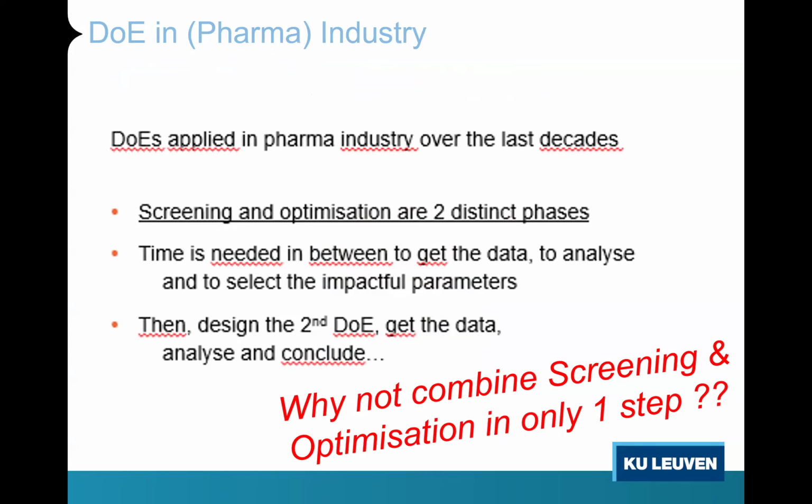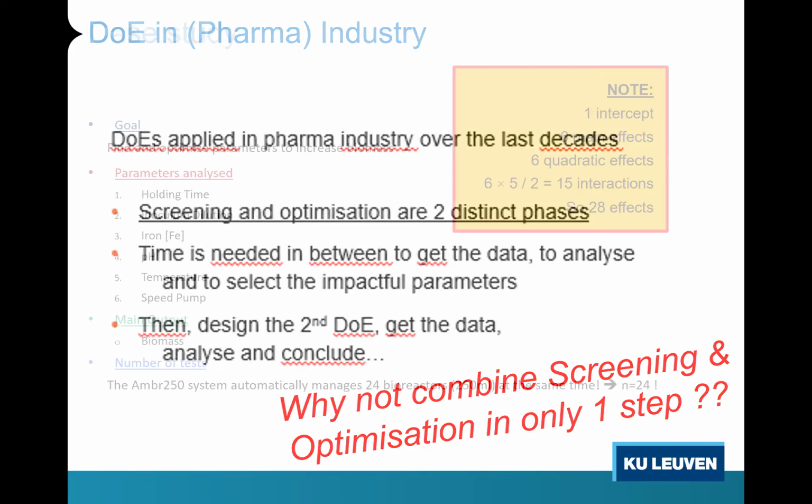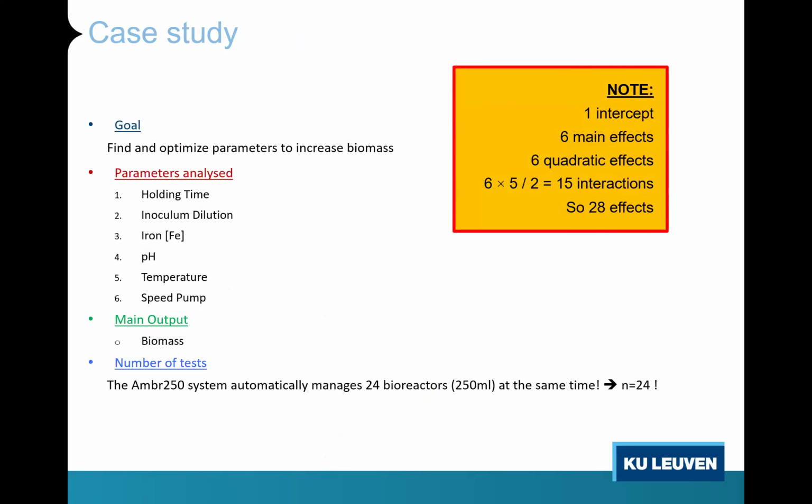So what you're seeing here is a screenshot basically of one of the slides of Bernard when he presents at conferences about the OMARS designs. So he especially likes the fact that you can do one experiment instead of two whenever developing a new vaccine. Therefore you save a lot of time and a lot of costs.